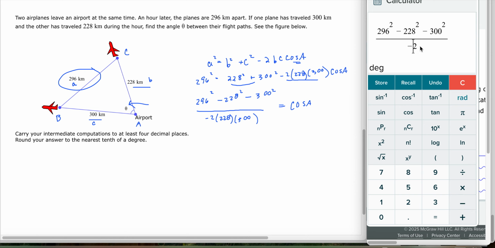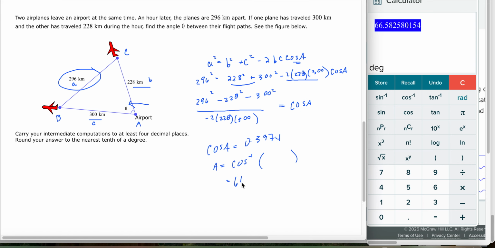Okay, so that gives us cosine A is equal to, we'll say 0.3974. And so to get that angle A, we will take cosine inverse of that number. So if I hit cosine inverse, that will give me, rounding to the nearest tenth, 66.6 degrees.